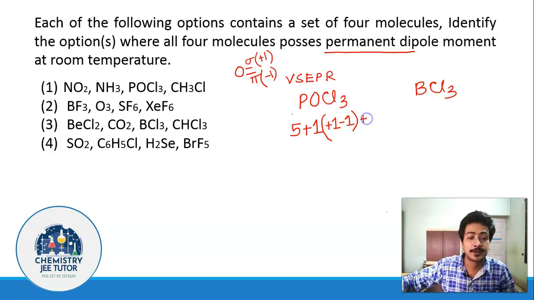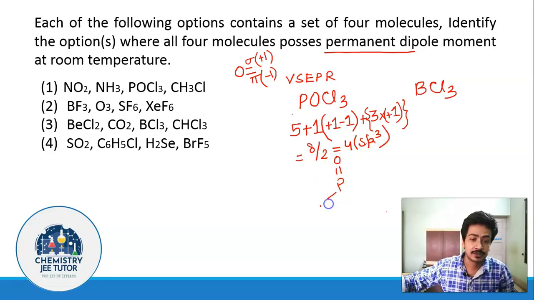Now chlorine is a monovalent species, so it is going to contribute, this 3 stands for the number of chlorine atoms, so it is going to contribute +1, so we are going to end up with 8. So you divide 8 by 2, you get 4, and so it is sp3 hybridized, that means the structure is going to be tetrahedral.